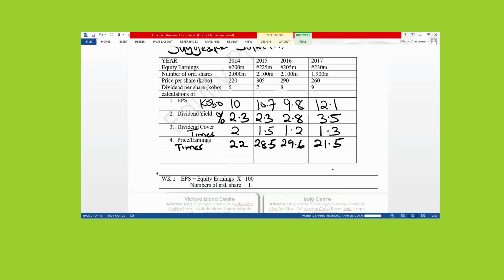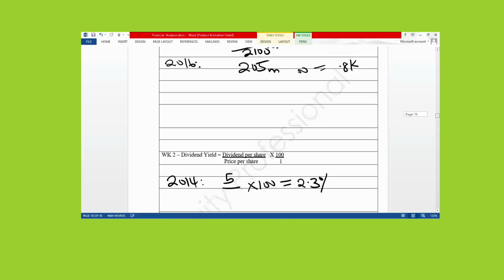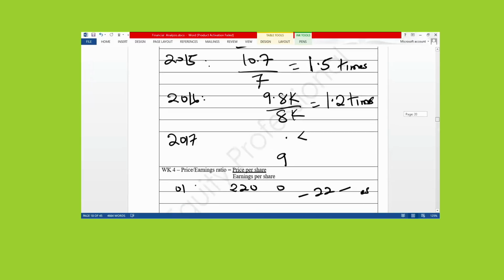Now, the examiner says, explain the meaning of each of the ratios and state their limitations. What is earnings per share? What are the limitations of earnings per share?